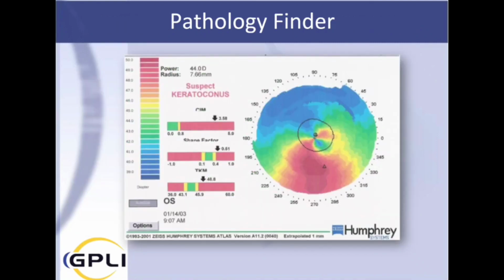The pathology finder may be useful in diagnosing keratoconus. For example, in this patient, it takes into account a high corneal irregularity measure, a high shape factor, and a high mean toric keratometry value.